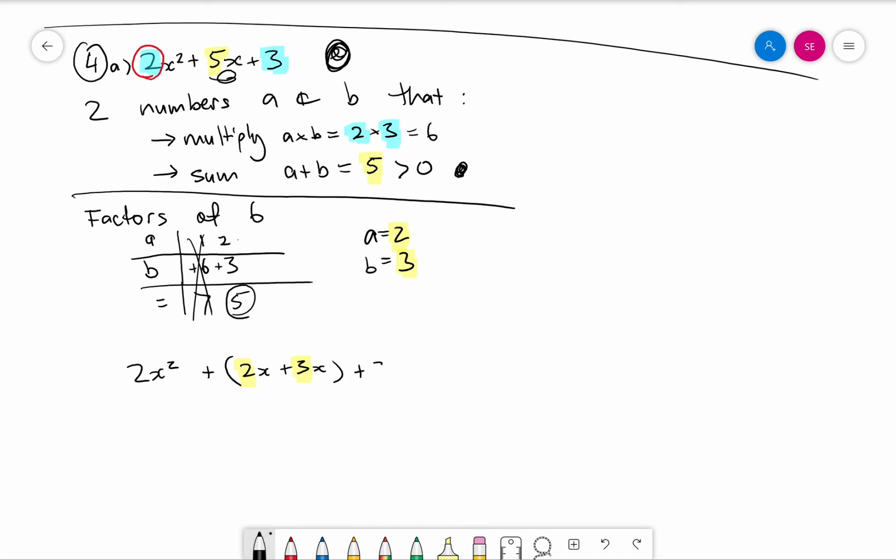And then we just add our plus 3 onto the end. And just remember that this is actually equal to 0. That's my bad there.